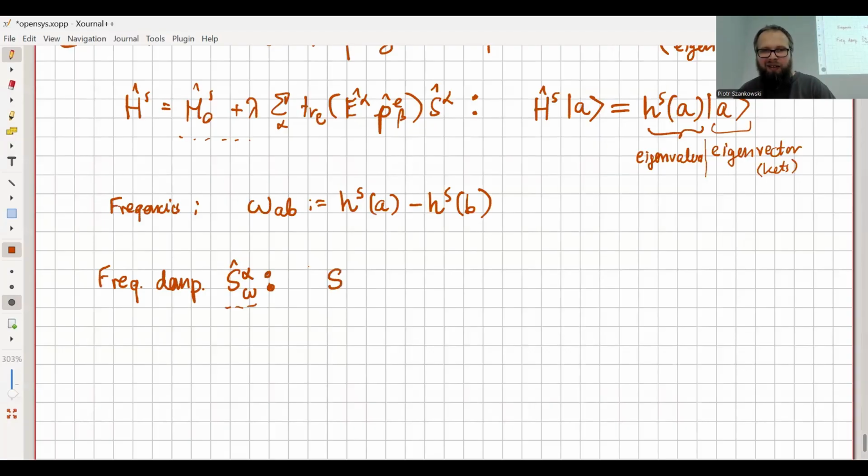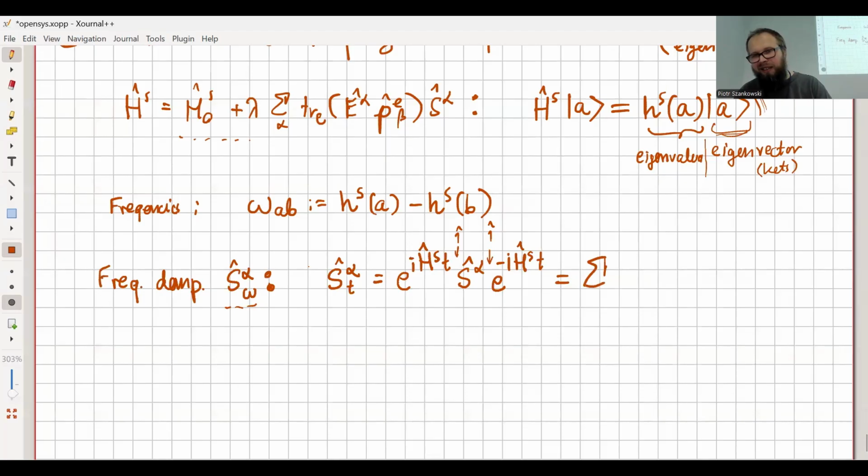Let's start with the interaction picture of operator S alpha, which equals e^{iHt} S_alpha e^{-iHt}. So this is just the interaction picture. And then, since we have eigenvectors of the Hamiltonian, we can just insert identities here and here and decompose them in the basis of eigenvectors.